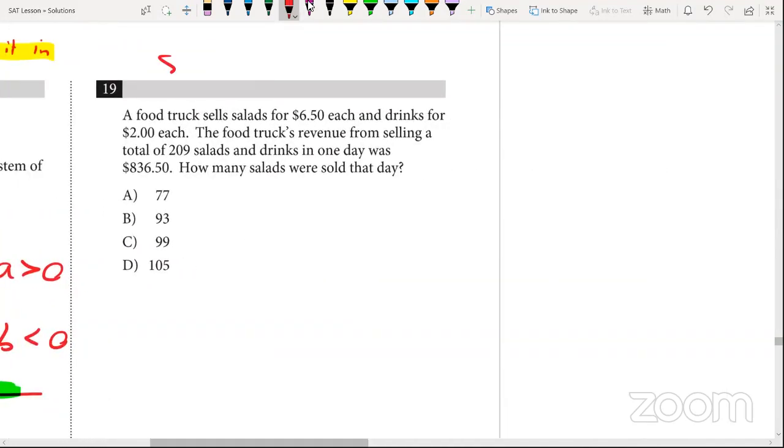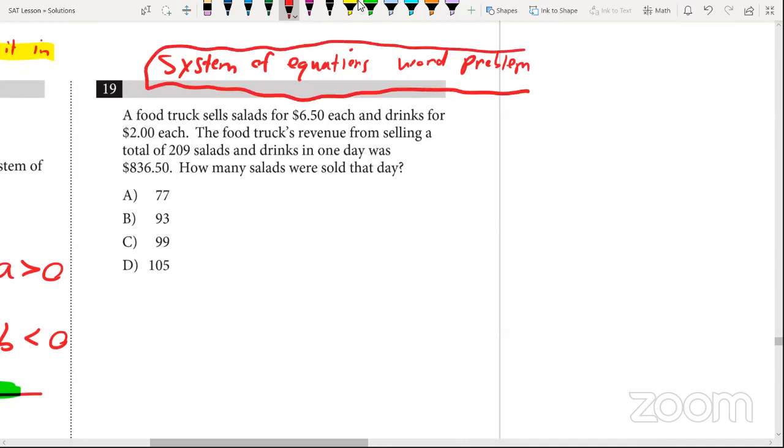19 is your classic system of linear equations word problem. In systems of equations, we're always or usually dealing with the price times the quantity. And the price is not always money.